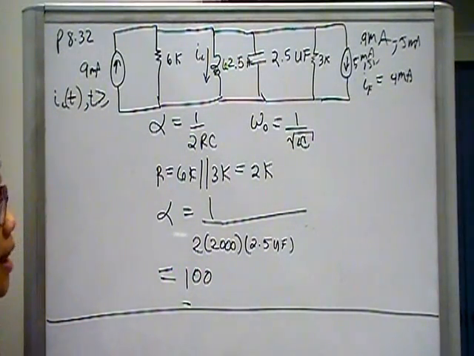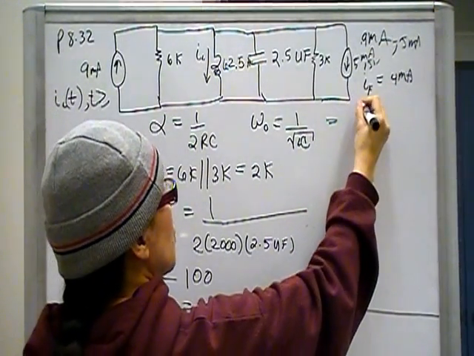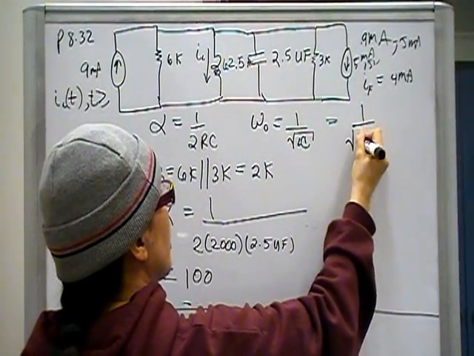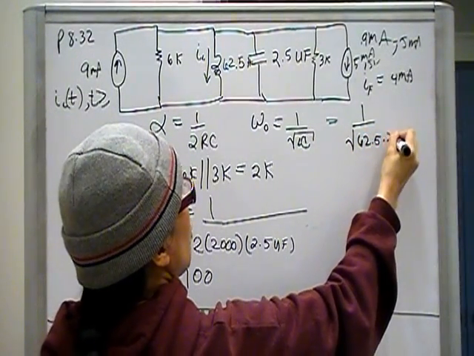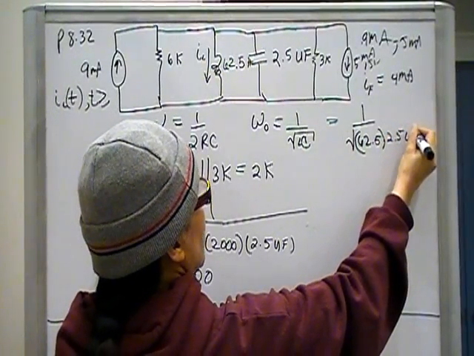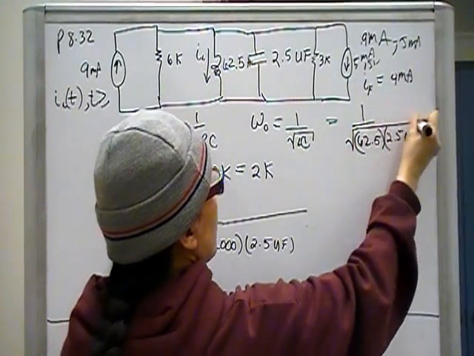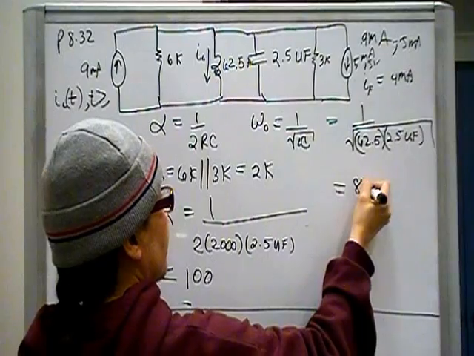Okay, now we need to find omega naught to see which one is the greater number. Well, that is 1 over the square root of 62.5 times 2.5 micro. And I claim that if you put that into your calculator, you should come up with 80.